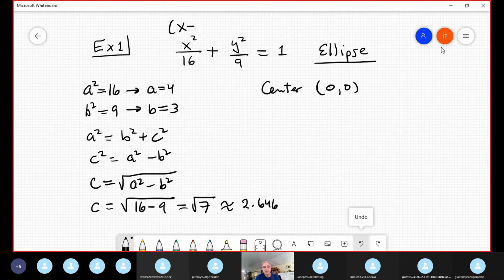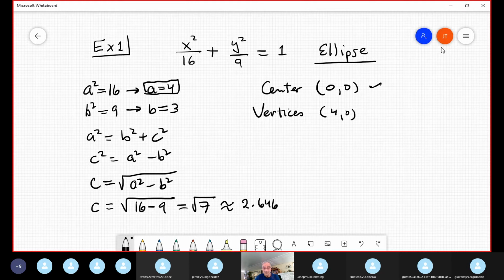No? Let's see the vertex now. The vertex is at a distance of 4 from the center. So 4,0 to the right and negative 4,0 to the left.